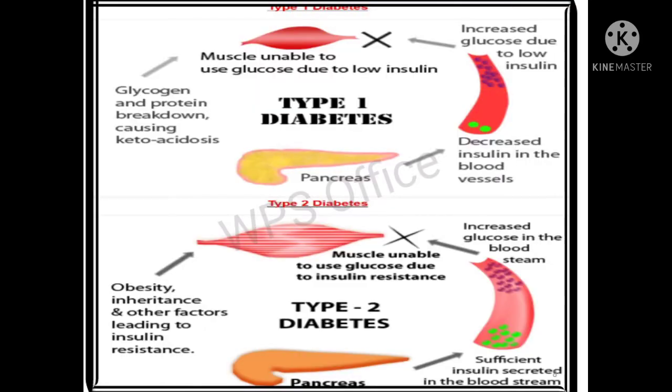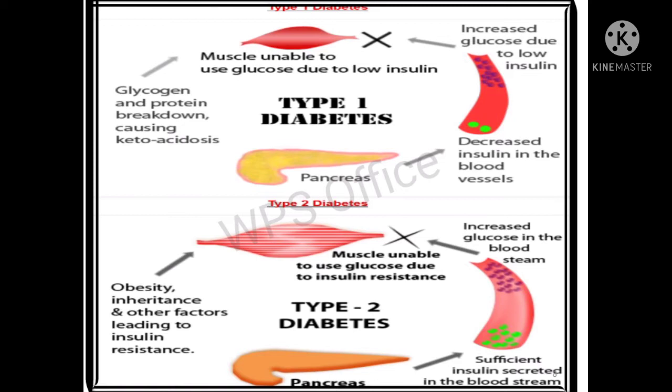We can also see in the picture, in type 1 diabetes, glycogen and protein breakdown will be there, and the muscle will be unable to use the glucose due to low insulin.